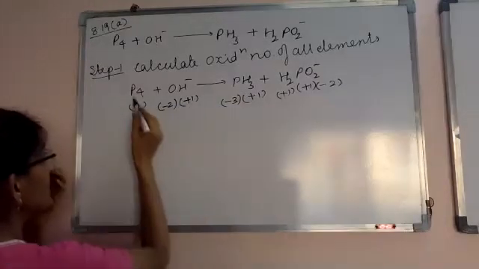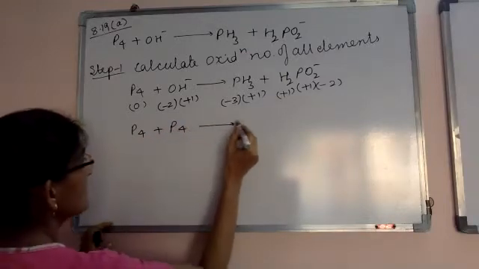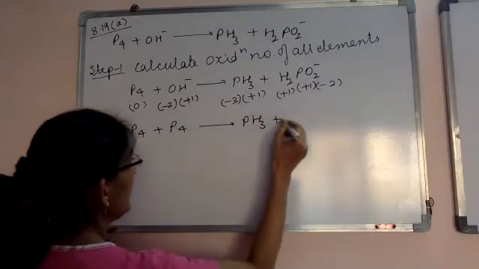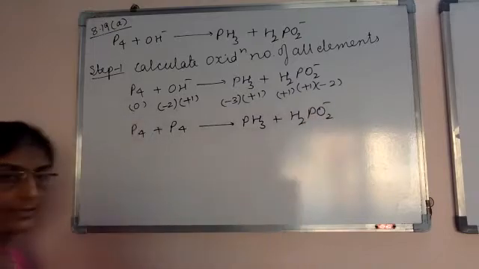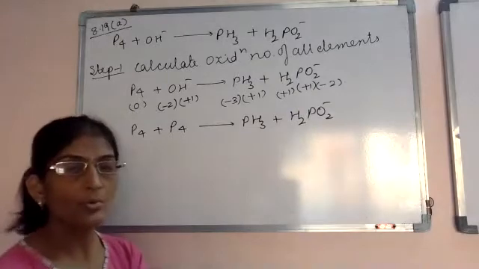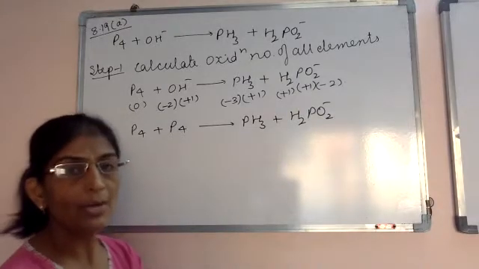Because only one reactant undergoes oxidation and reduction, we have to write it twice. P4 plus P4, nothing else, gives PH3. We are not adding anything else; whichever reactant is there, we write it two times. So there is no difference because we are balancing only. We can write 2 times, 3 times.